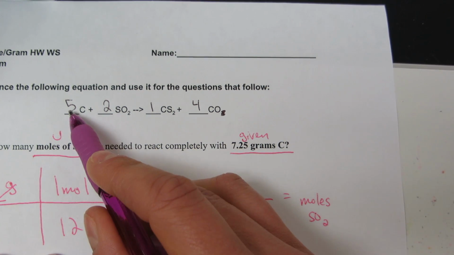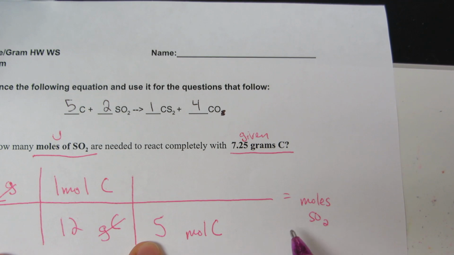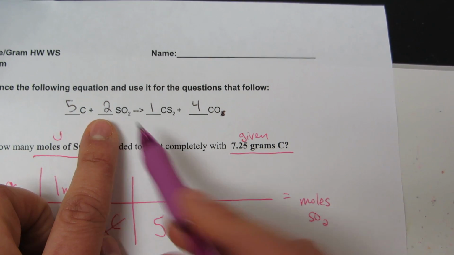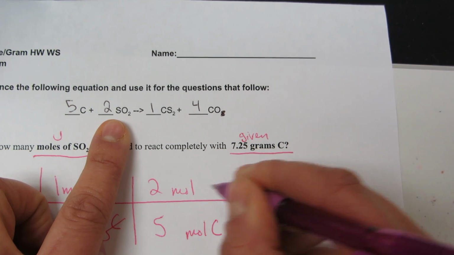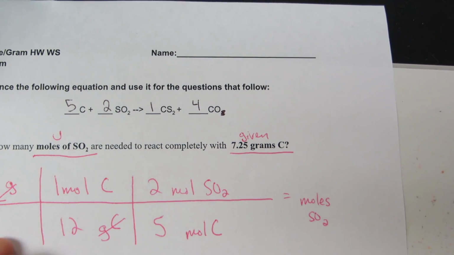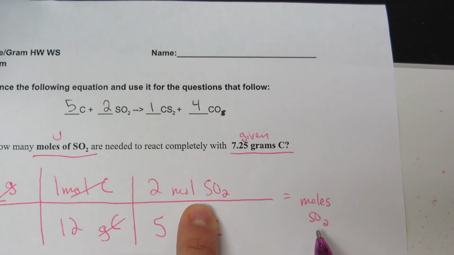I see I have a 5 in the balanced equation, 5 moles of carbon, and in my reaction, for every 5 moles of carbon, it's going to react with 2 moles of SO2, sulfur dioxide. Mole of carbon cancels out. I'm in mole of SO2, sulfur dioxide, which matches my endpoint here.